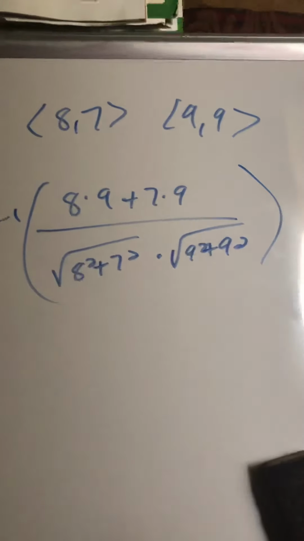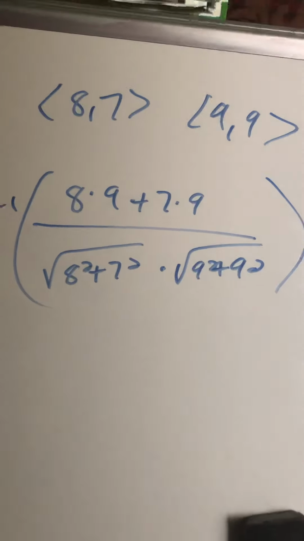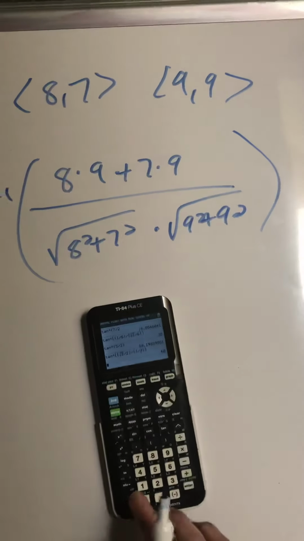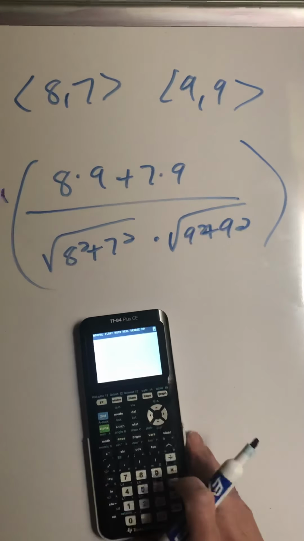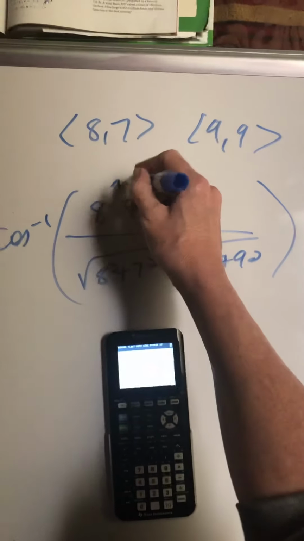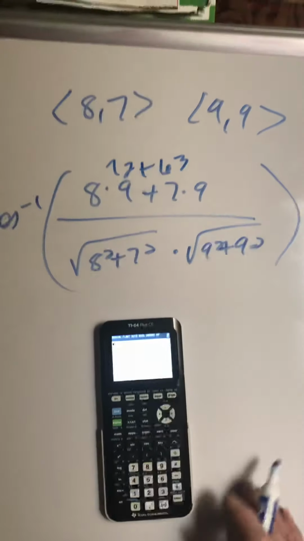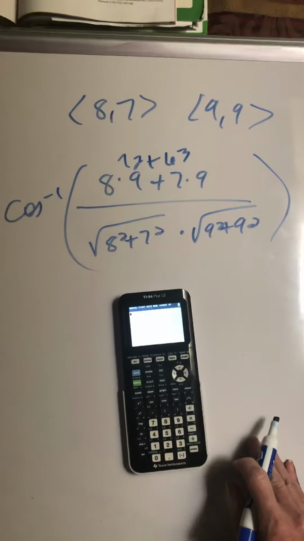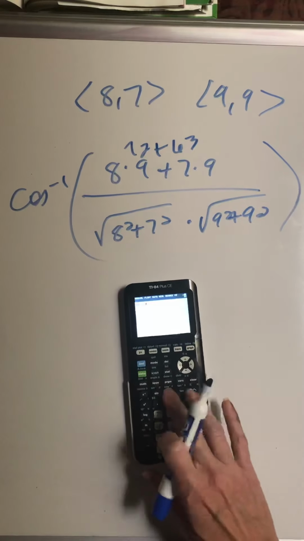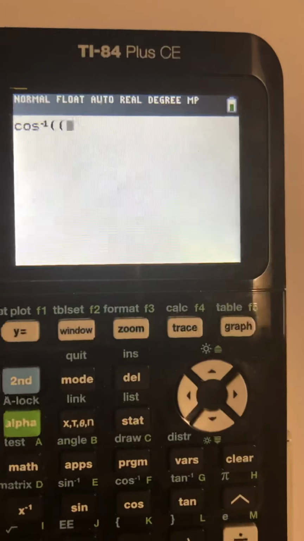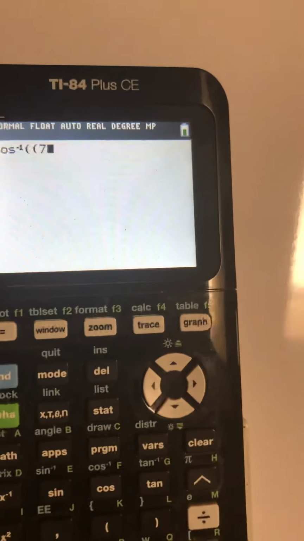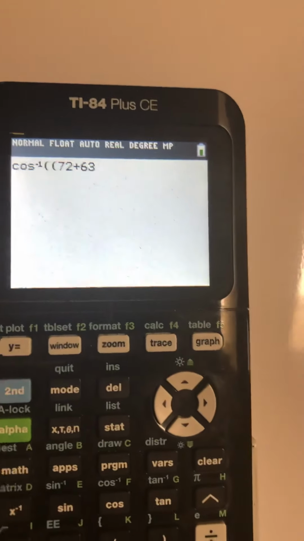Okay, so what I would do is I would put it in just like that in my calculator, except I would probably go ahead and put 72 and 63 in there. So inverse cosine, open a set of parentheses, inverse cosine, open another set of parentheses, so 72 plus 63.